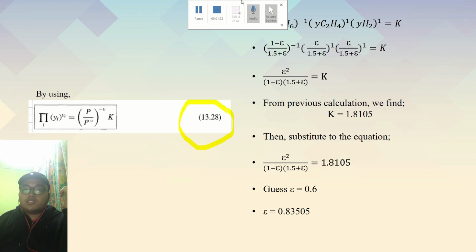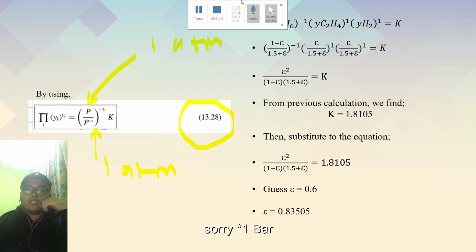It has mole fractions of species, to the power of their own stoichiometry, multiplied with each other, equal to the pressure of the system, which is 1 atm, divided by the standard pressure, which is 1 atm also, to the power of negative 1 times the total stoichiometry, and multiplied also by K. After that, we substitute all the values and set it equal to K. For ethane we get negative 1 because it is a reactant, of course, and the other two are positive 1 because they are products of the system.